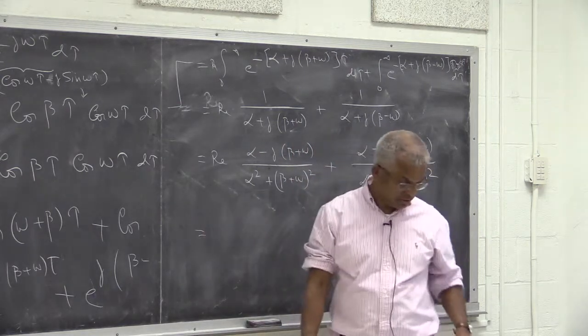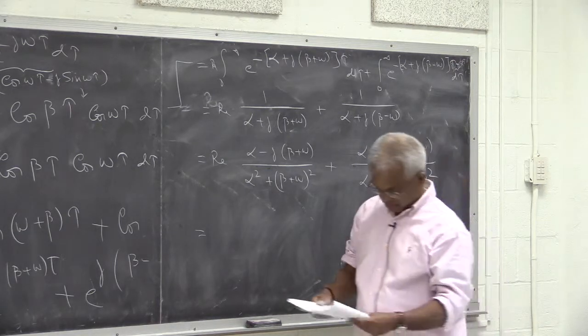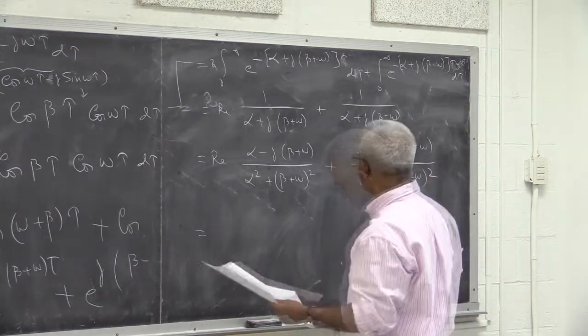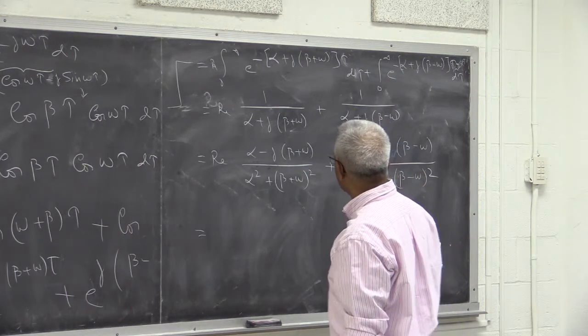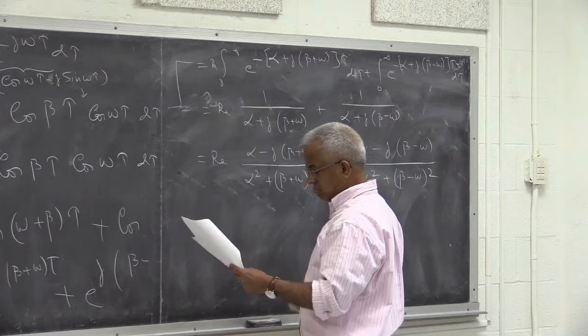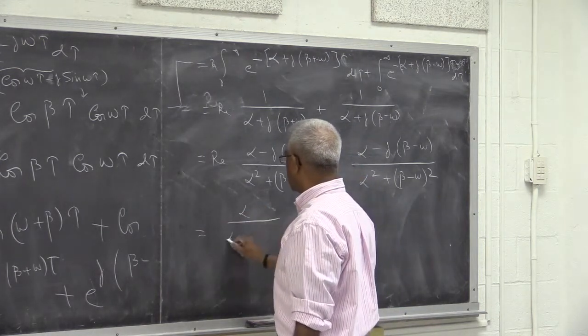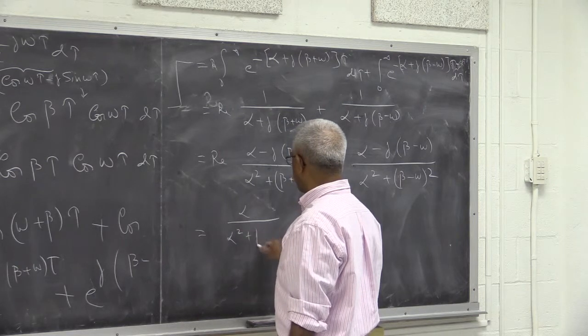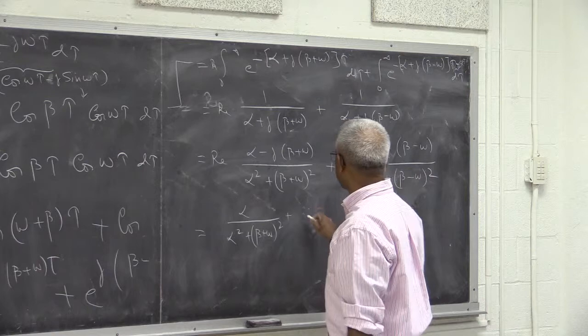If you do this, I'll just write down the expression I have. So this is going to be as I had before, in fact, alpha over alpha squared plus beta plus omega the whole squared, because the real part adds up.